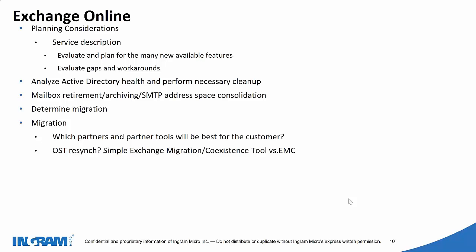So for Exchange Online, the planning considerations: you have to do the complete evaluation and planning for all the features available, what features customers need, what features they are currently using in their on-prem Exchange infrastructure, and what features they are looking to have in Office 365, or more specifically in Exchange Online.